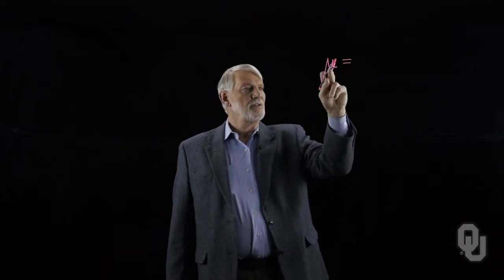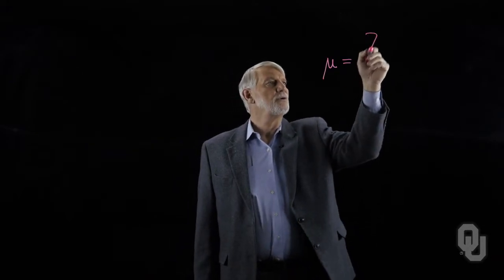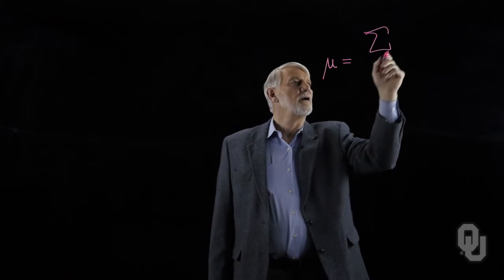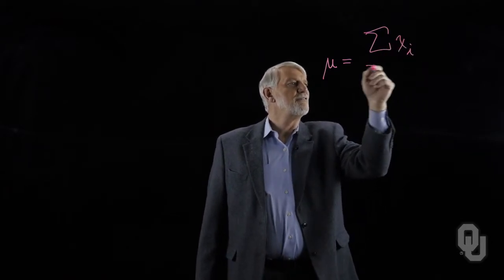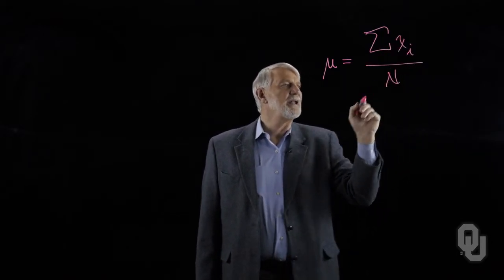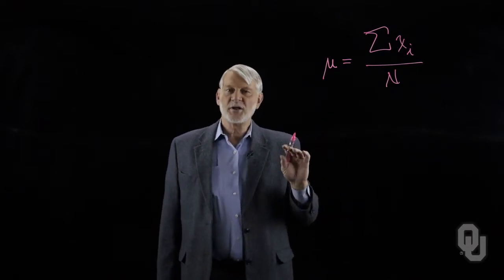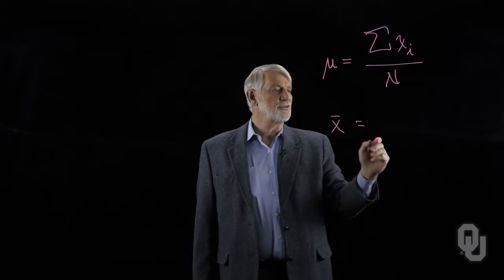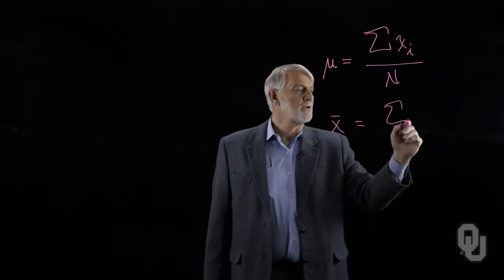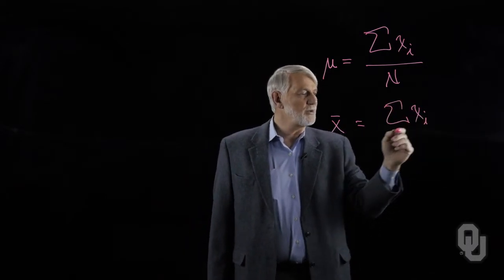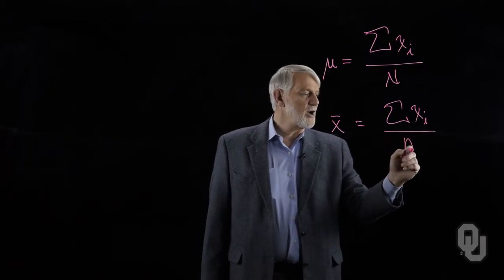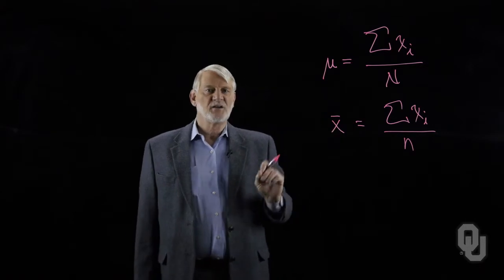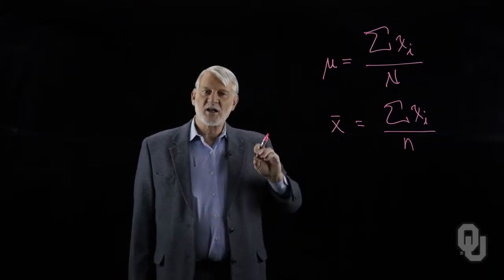So mu, the population mean, is equal to the sum, capital Greek letter sigma, of the x's divided by capital N. The formula for a sample mean is x bar equals the sum of the x's in the sample divided by small n.